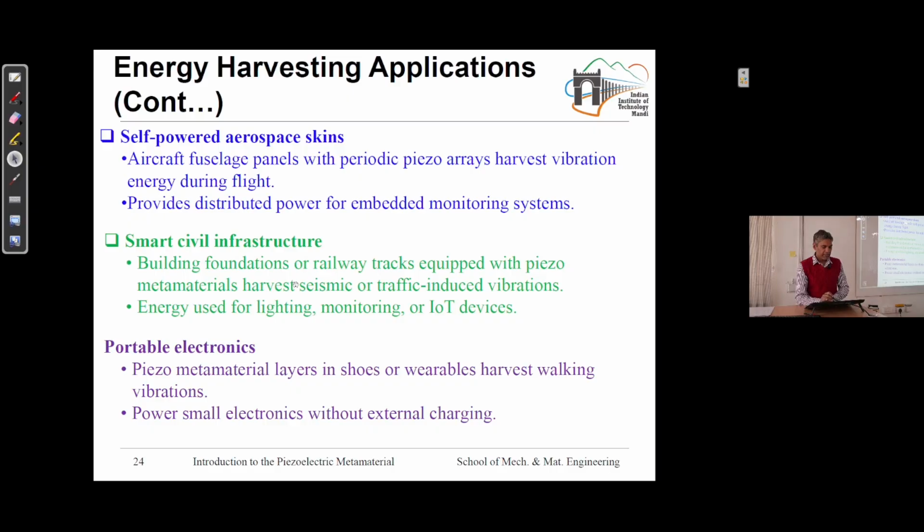Smart city infrastructure: building foundations or railway tracks equipped with piezo metamaterials harvest seismic or traffic induced vibrations, and this energy can be used for lighting, monitoring, or Internet of Things devices. And of course, portable electronics: piezo metamaterial layers in shoes or clothing harvest walking vibrations, and that can be used for powering small electronic devices.